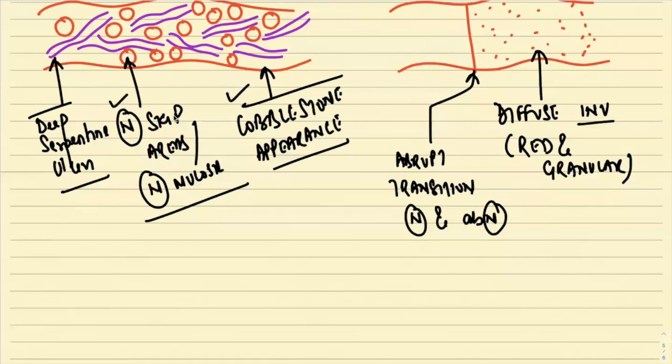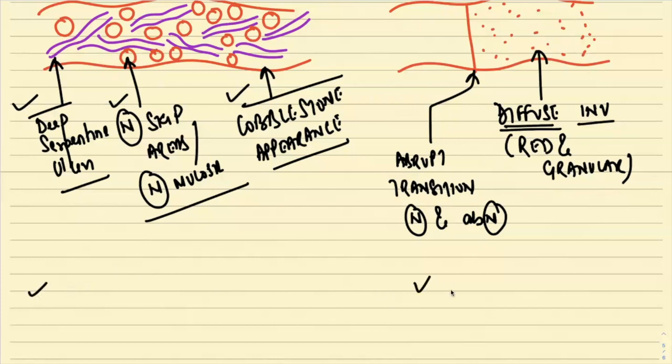They have alternating skip areas and normal mucosa with deep serpentine knife-like ulcers. Whereas over here, they are more shallow and broad-based ulcers with a diffuse involvement. There are no skip areas. These diffusely involved areas are red and granular, and they have an abrupt transition between normal and abnormal areas.